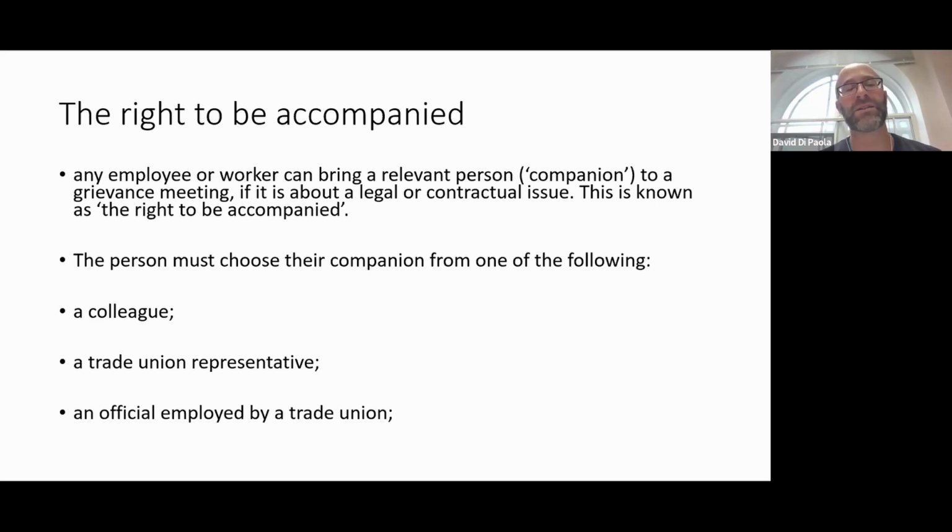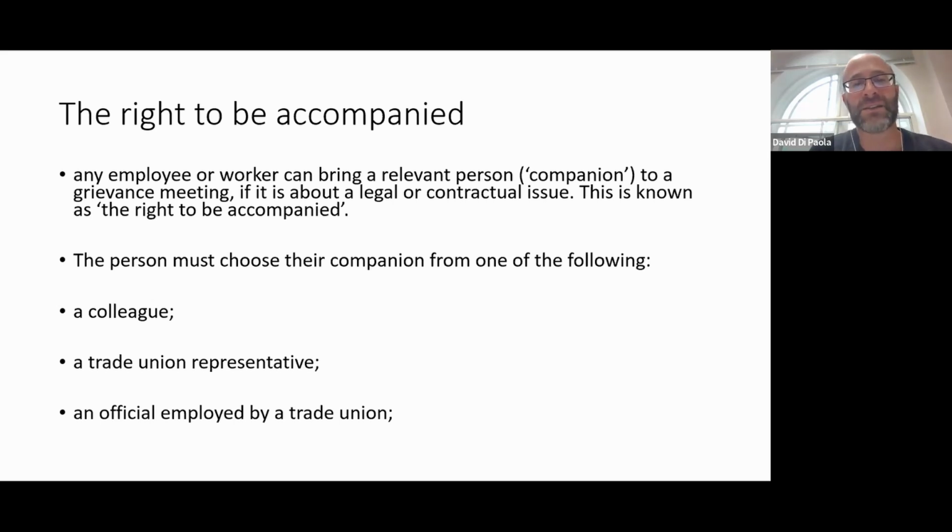Your right to be accompanied doesn't mean you can just pick anyone you want to come along to these meetings. It really should be a work colleague, a trade union representative, or somebody officially employed by a trade union. The reality in our congregational church setting is I would have thought very few people are members of trade unions, and that tends to not be very appropriate in our circumstances.